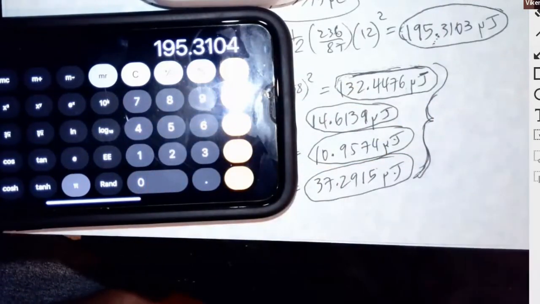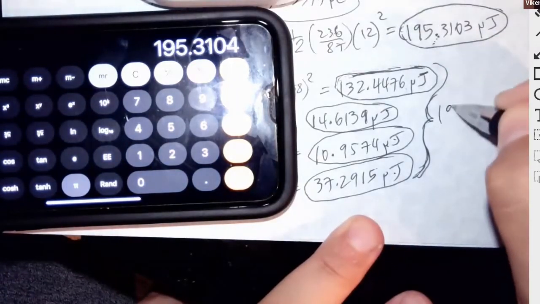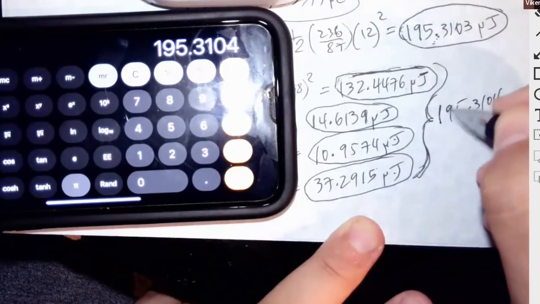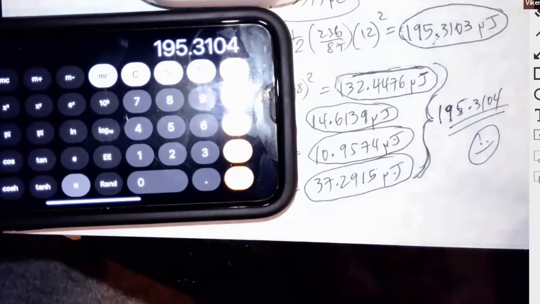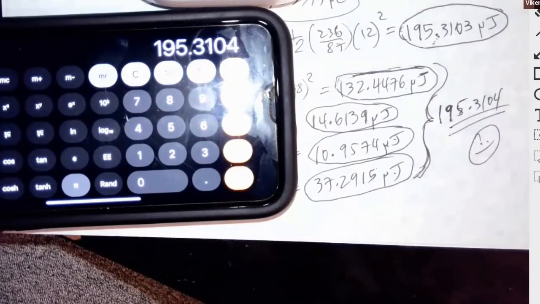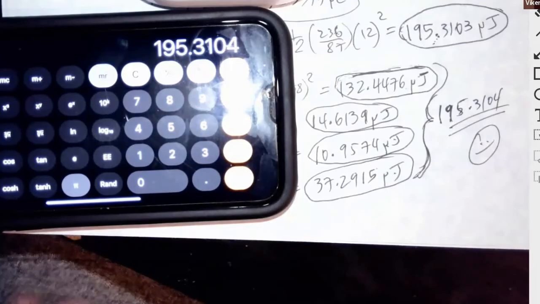Oh, very close. Within the fourth digit was only slightly off. Nice. Perfect. So energy conservation holds true. The universe is still functioning. Yes, yes, yes.